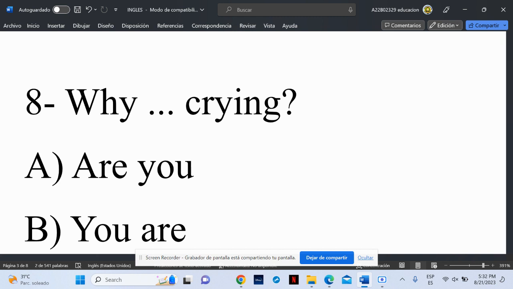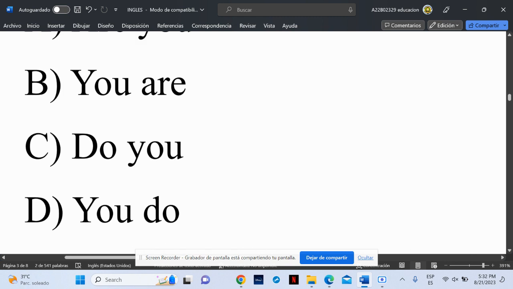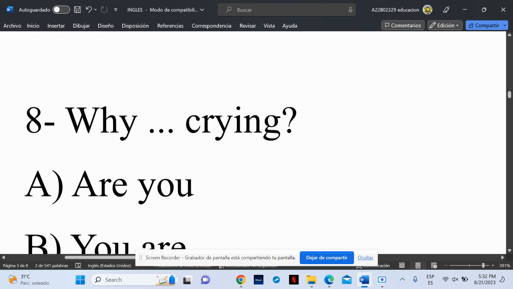Y de las expresiones que tenemos aquí, la única que posee el verbo to be va a ser la opción A. Y sería, why are you crying? O sea, ¿por qué estás llorando? Por tanto, la opción A representaría la expresión correcta.